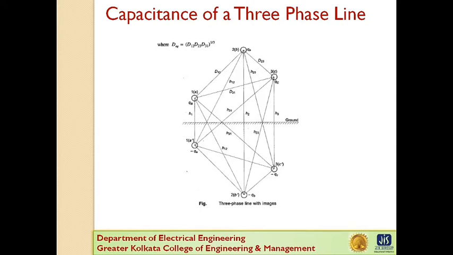The effect of earth is simulated by image conductors with charges minus QA, minus QB and minus QC respectively. The equations for the three sections of the transposition cycle can be written for the voltage drop VAB as determined by the three charged conductors and their images, with conductor A in position 1, B in position 2 and C in position 3.